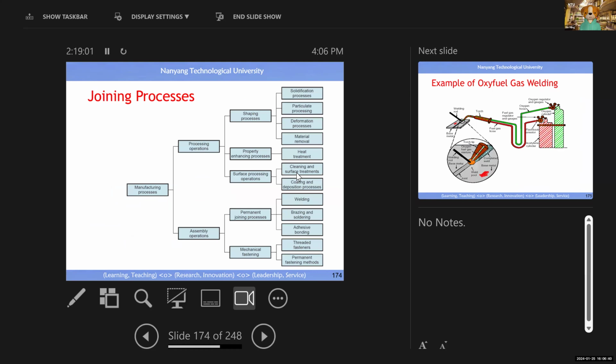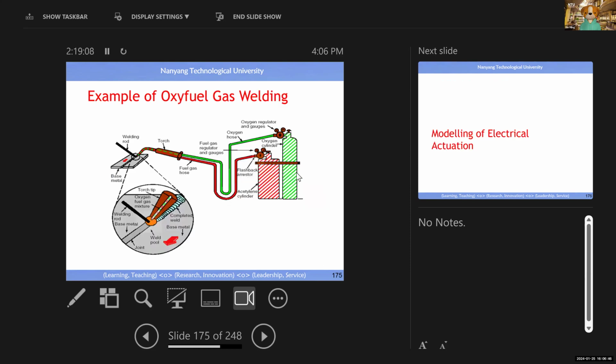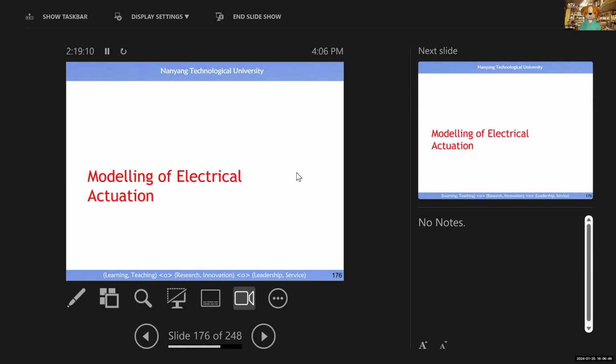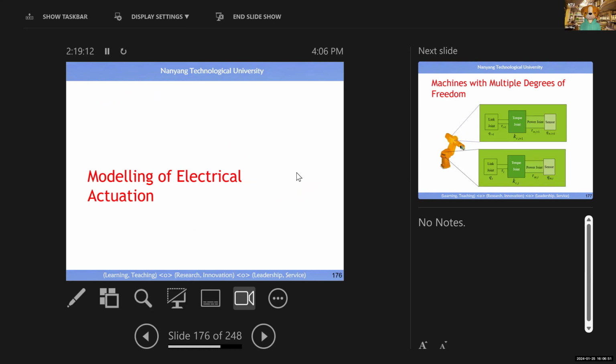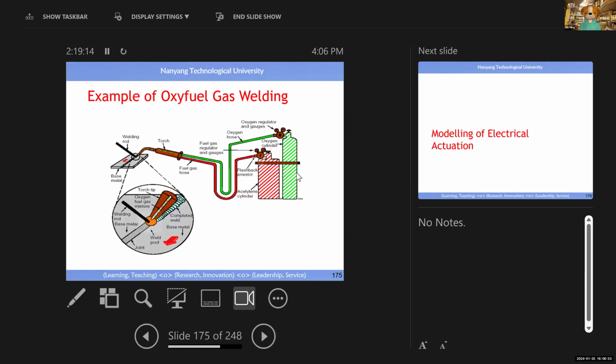Okay. Joining process, a typical one should be welding, soldering. I guess we did not see this video, but this should be quite a popular process. So basically, we join 2 workpieces together by adding additional material in the liquid state, then they solidify.